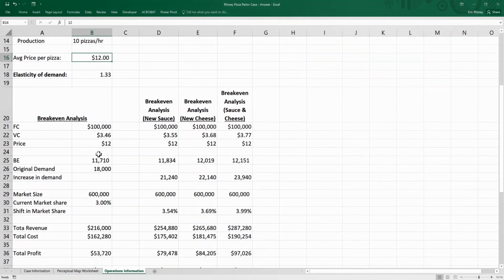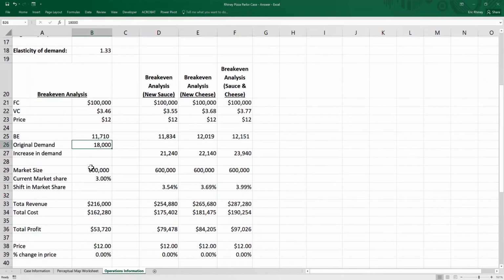We see here that our break even, if we take our fixed cost divided by price minus variable cost, gives us a break even of 11,710 units. So that's how many pizzas we have to sell. We're averaging around 18,000 per year. So we are over our break even, which means we should be profitable at this point.